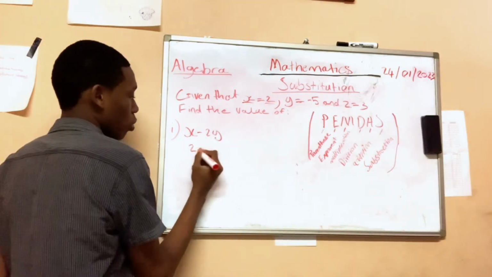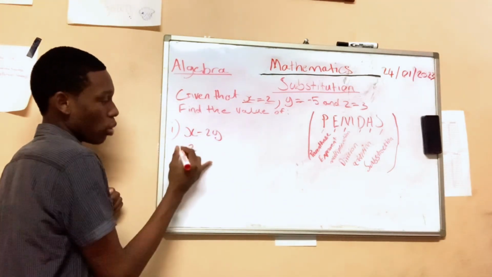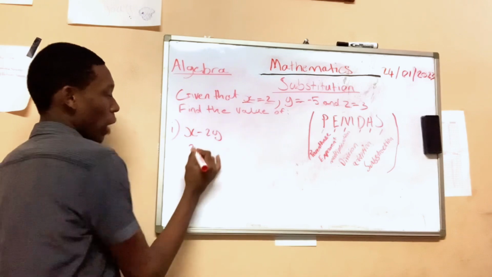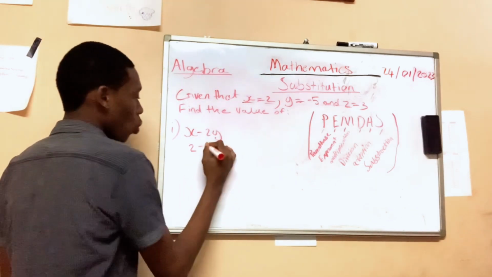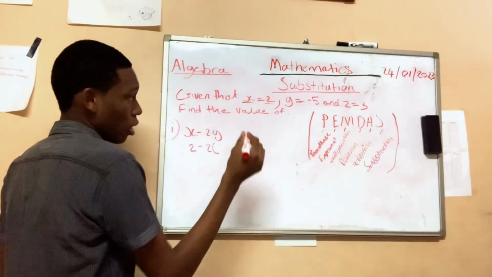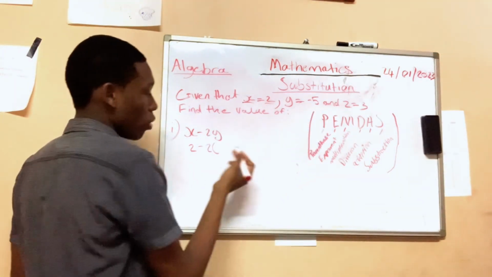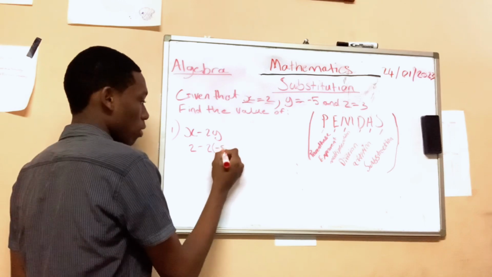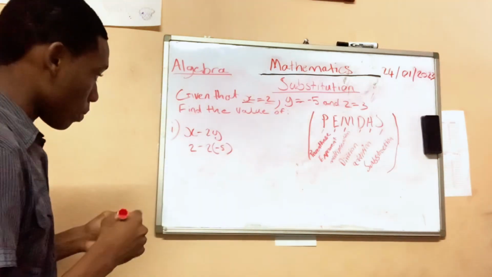So we write 2 under x, and then minus 2 bracketed, what is y? -5. We exchange y for -5, right?